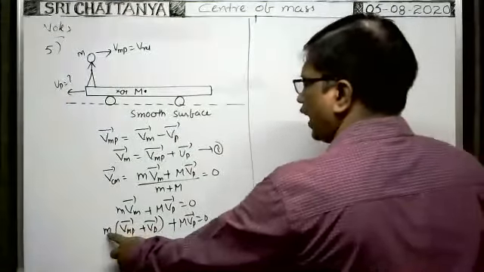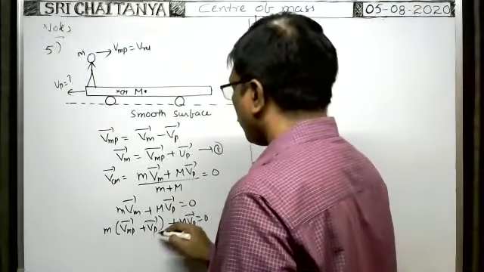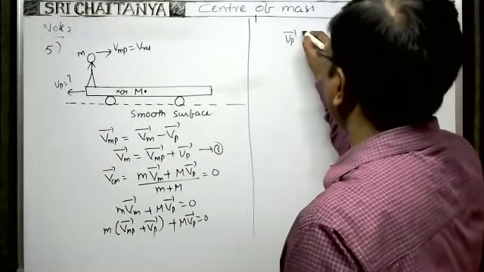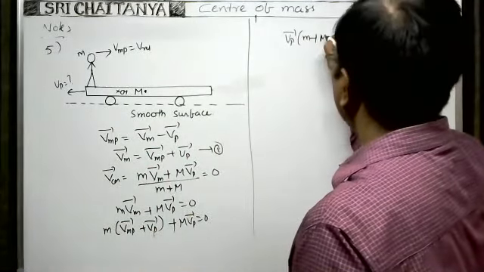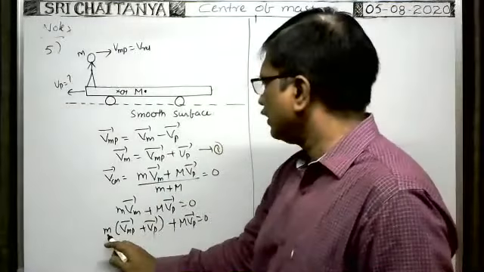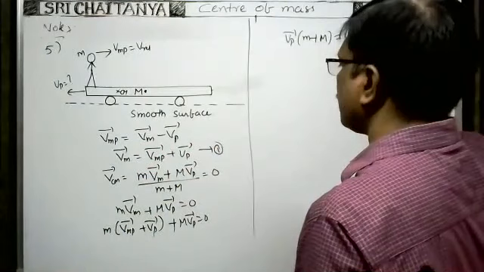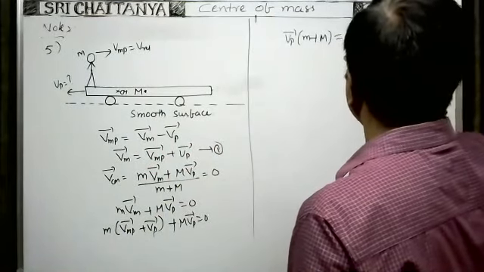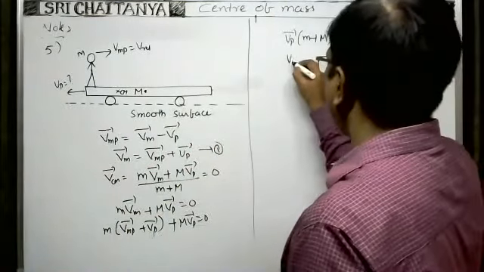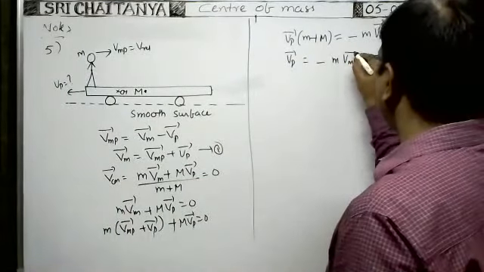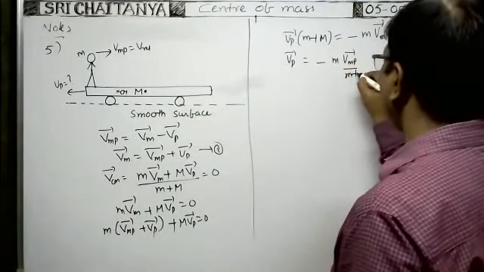Small m into Vp plus capital M into Vp, take Vp common. Vp bar of (m plus M) is equal to minus m into velocity of man with respect to plank. Therefore, velocity of the plank is equal to minus m into Vmp bar by m plus capital M.